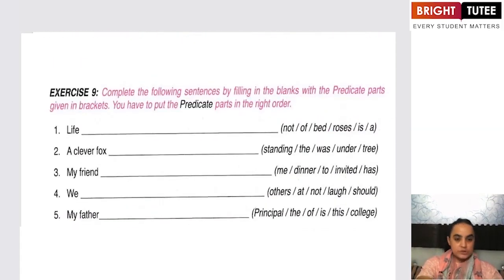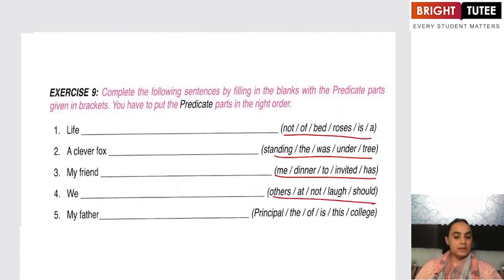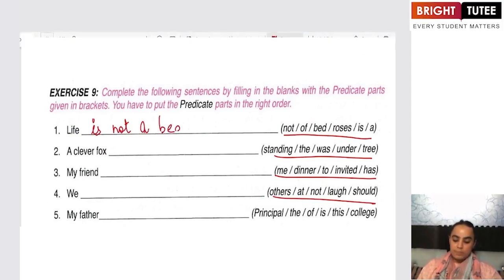The last question requires you to complete the sentences. Now, the predicates are to be rearranged so that they can make complete sense. Life is not a bed of roses. So, I rearrange these words so as to make an appropriate predicate.